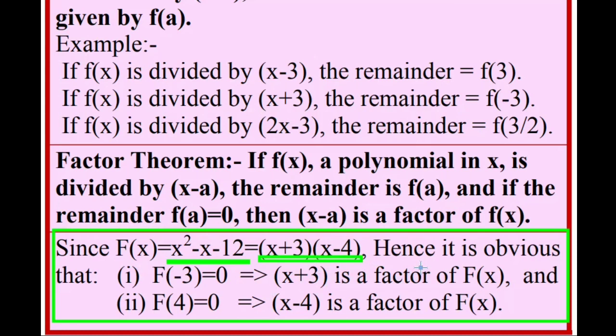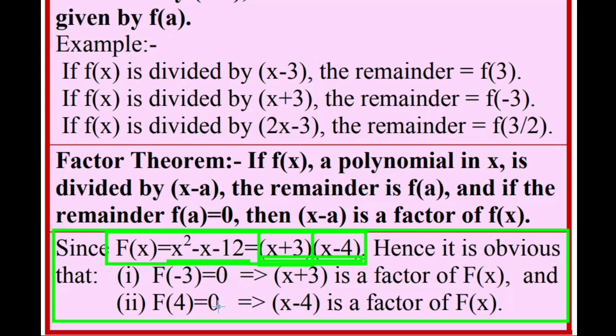And here, if I replace this x plus 3 with 0, then the whole right hand side becomes 0. It means to make x plus 3 zero, the value of x has to be minus 3. So in this complete equation, if we replace x with minus 3, then the value of x square minus x minus 12 becomes 0.